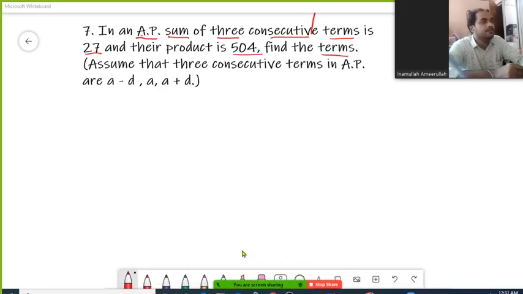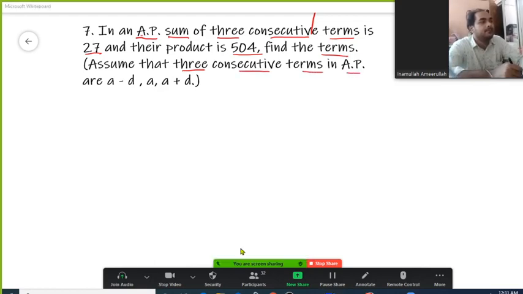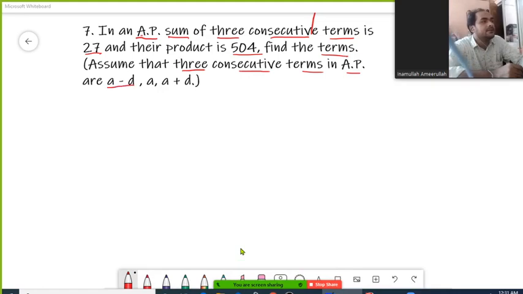Assume that three consecutive terms in AP are A minus D. So this is my first term, this is my second term, and this is my third term.